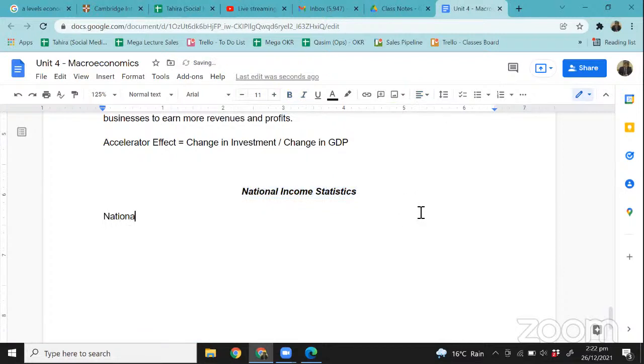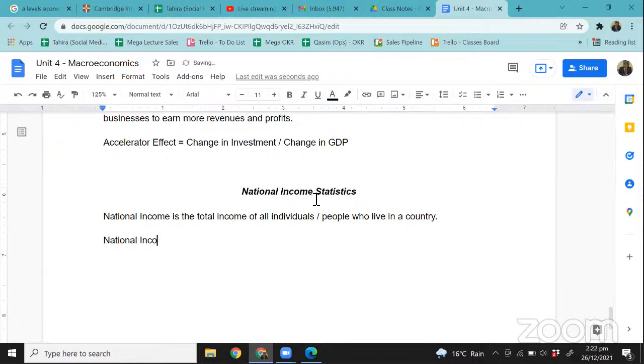So national income would be all individuals' income. So that's national. We do know what national means. So that is what national income is. Okay. Now, what do we mean when we say national income statistics?